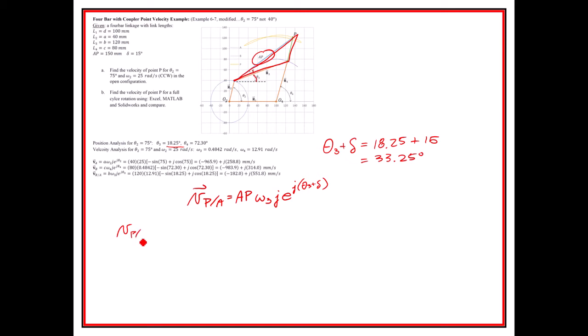So we plug in all the things we know. We know that AP is equal to 150. Omega 3 was 0.4842.